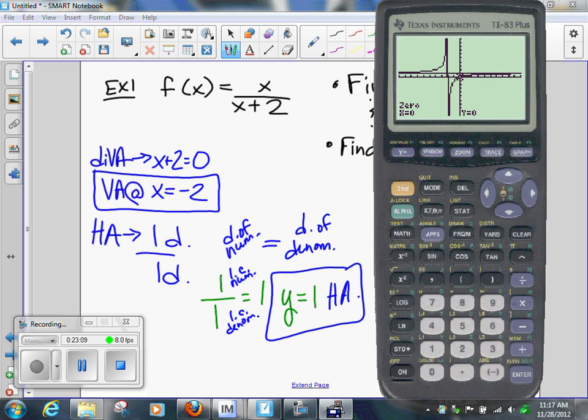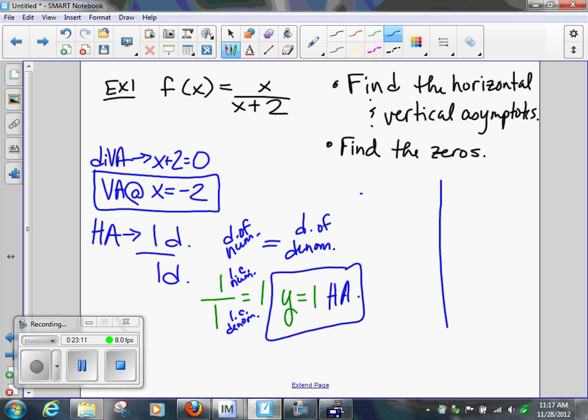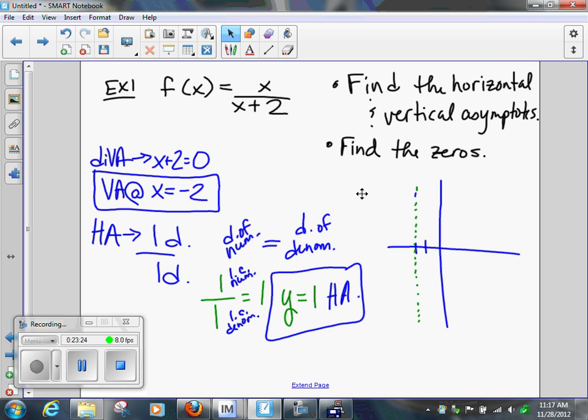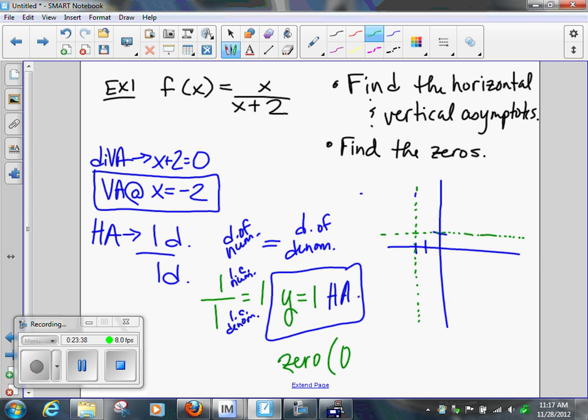All right, so here, let's put this on paper. And it is a sketch, so we're going to have a vertical asymptote at -2. I'm going to do this in a different color. And we're going to have a horizontal asymptote at 1. And we found that the 0 was at the origin, so I know it's going to pass through there.